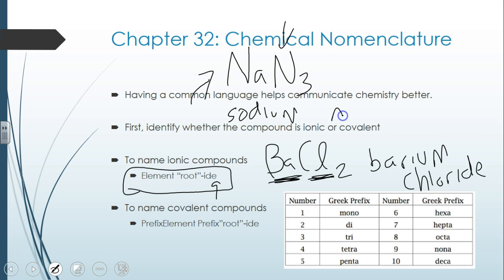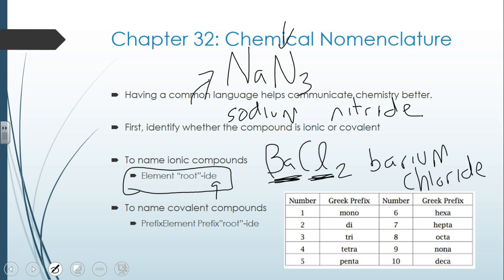Well, it's nitr. Sounds weird, but that's what it is. And then it's sodium nitride. And so that's how we name compounds that are ionic. It's really just kind of knowing the two elements and then making the ending "ide."